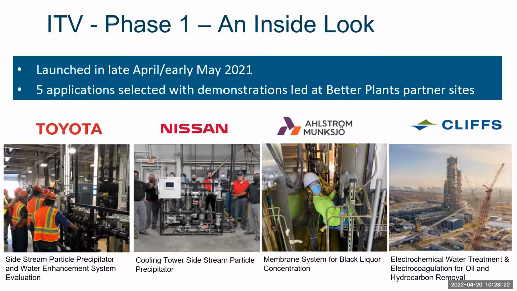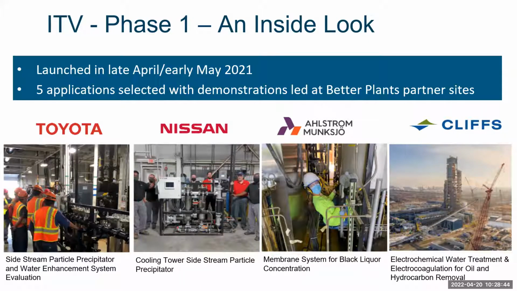It's a water treatment technology on a cooling loop that serves both industrial air compressors and chillers. Got a similar project going on at Nissan, again, a water treatment project on a cooling tower.